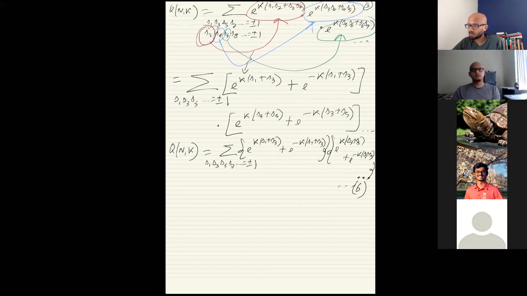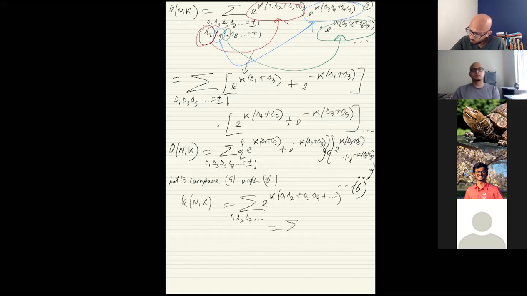If you compare equation number 6 to equation number 5, let's compare 5 with 6. So let me write down 5. What was 5? 5 said Q of n k is equal to the summation over S1, S2, S3, all of the spins. The even ones are not explicitly removed. E to the power k (S1 S2 + S2 S3 + dot, dot, dot).